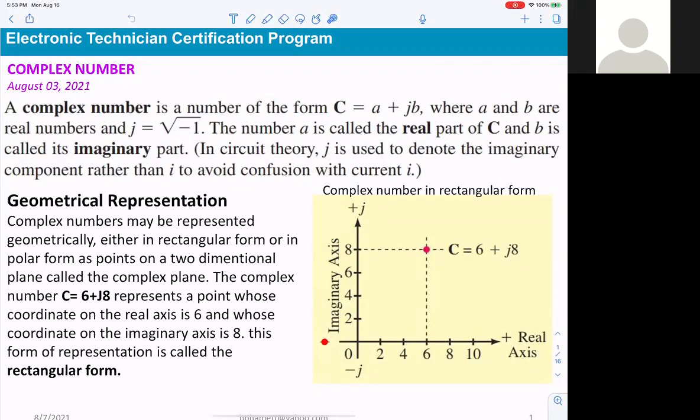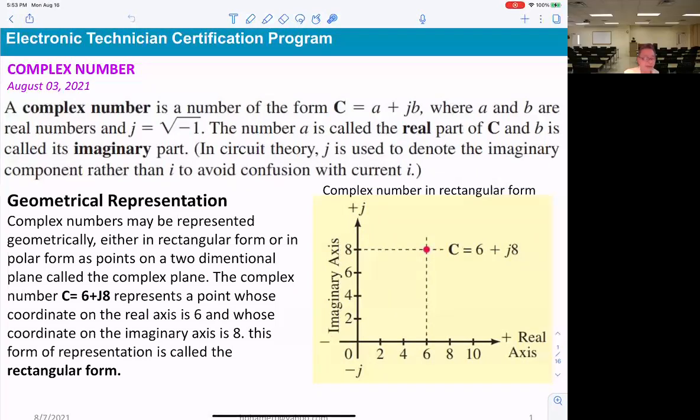Come on. J times J equals what? Minus 1. Minus 1 just tells you it will be a real, right? Minus 1 means the real.